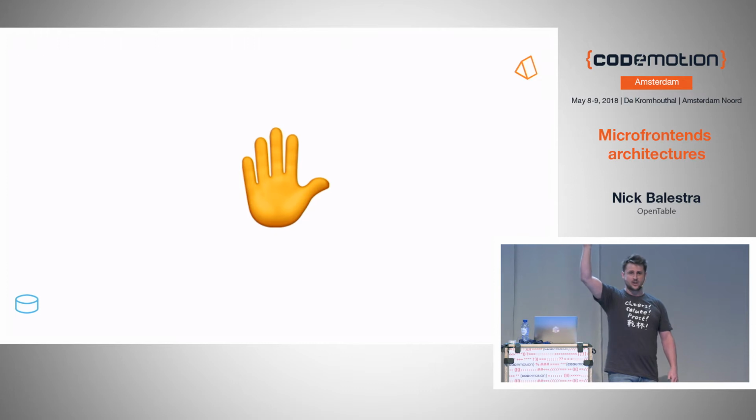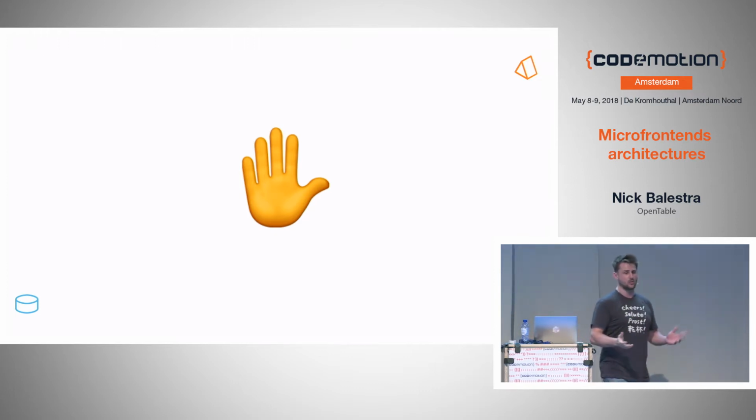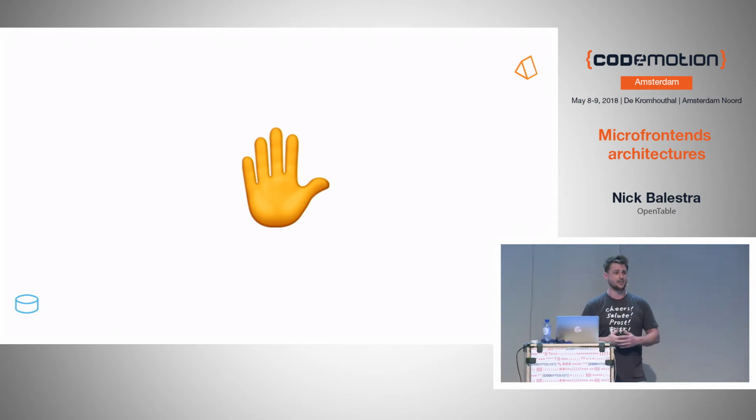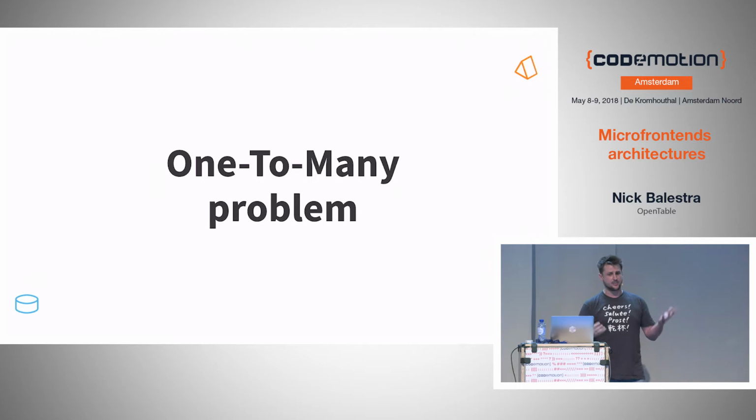OK, interesting. And this is where I want to start: what problem we are trying to solve, to give a little bit of understanding of the space. I will call this, referring to the widget, a one-to-many problem. Let's see why.